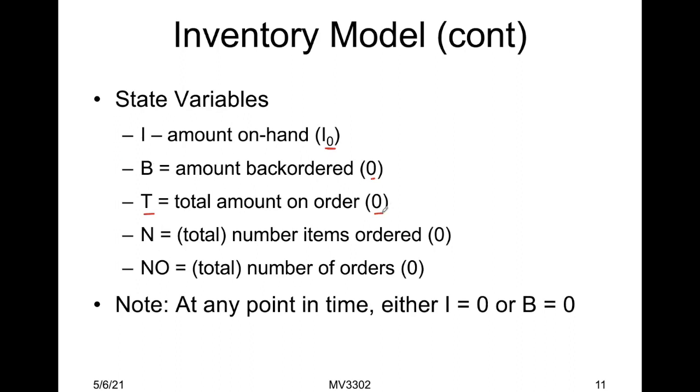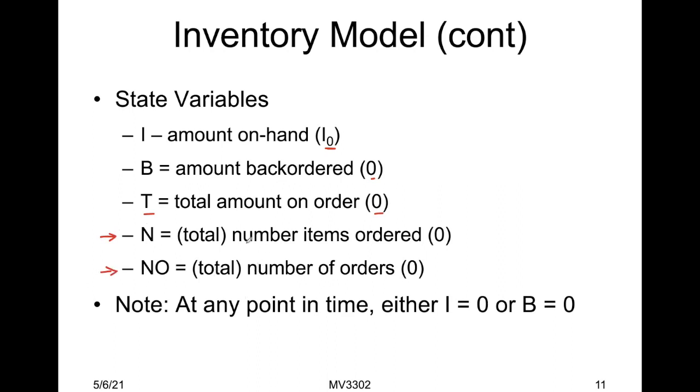So if I hit a review point, and the amount I have on hand is below the reorder point, but I have stuff coming in, I'm not going to order more. And then just for bookkeeping, I want to keep track of the total number of items that I order throughout the whole thing and the total number of orders that I place.